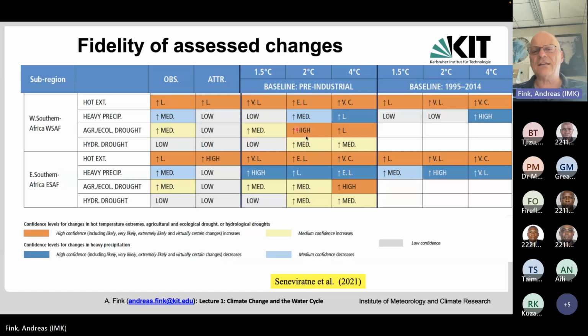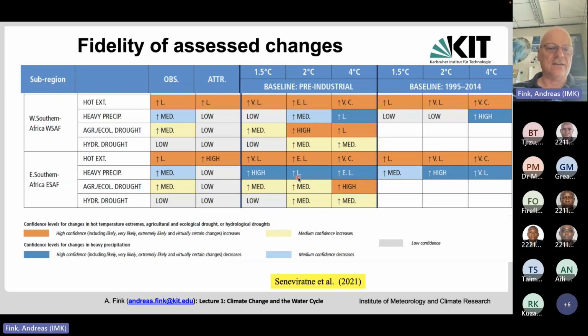When it comes to the climate projections here, you see that especially agricultural droughts become increasingly likely at 4 degrees. We have a high confidence of an increase here in the 2 degrees. Yeah, but for hydrological drought, the factors are lesser. When you compare here the western part with the eastern part, you see here we do have some higher confidence in the changes of heavy precipitation in the already wet eastern part of your region.